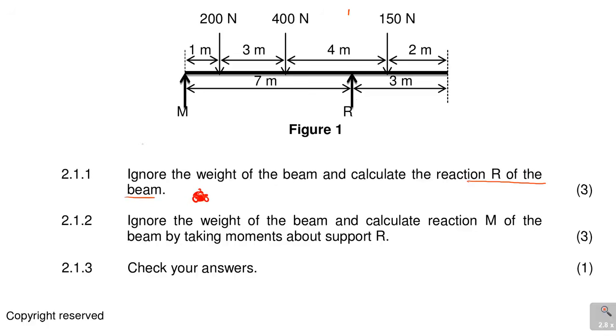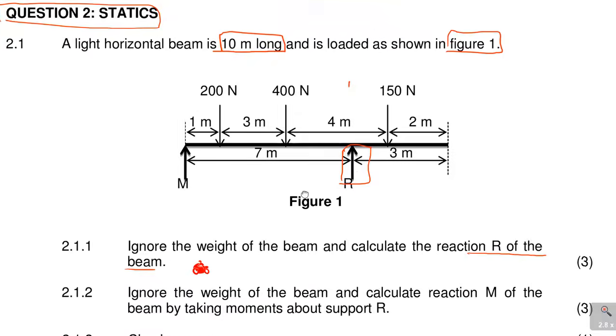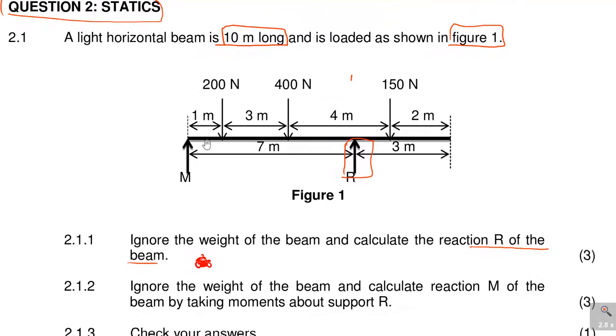In other words, they are saying take moments about R. If we're going to take moments about R, we need to be sensitive to the distance, because this distance will determine our distances from R.